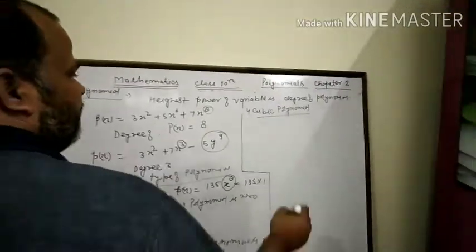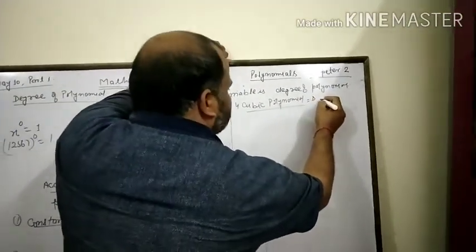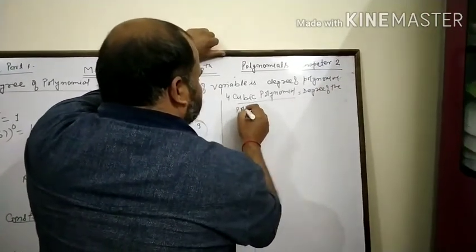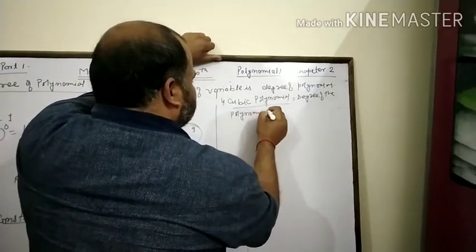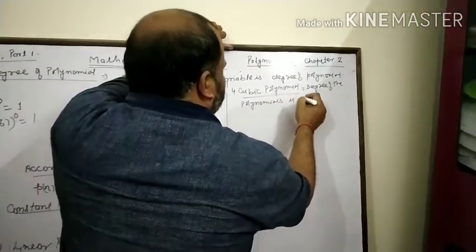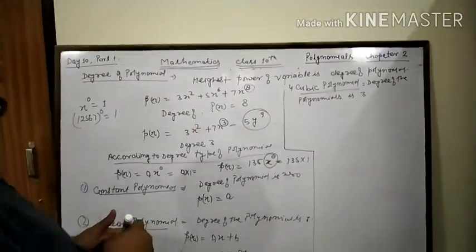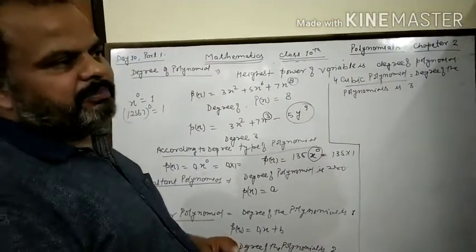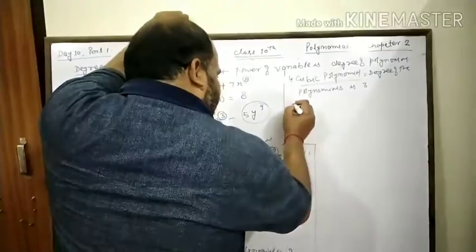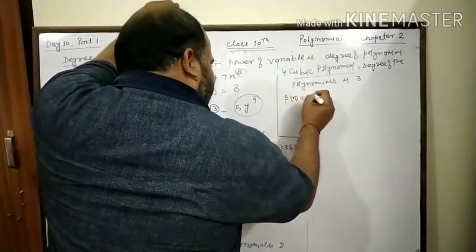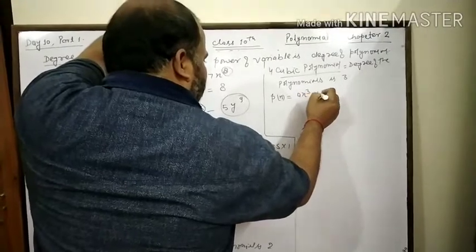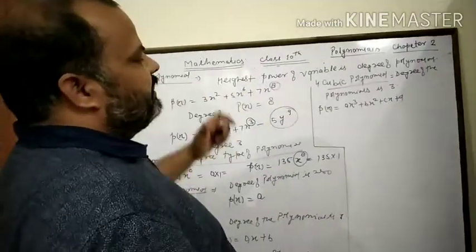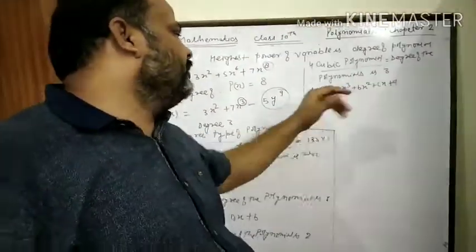If the degree of the polynomial is 3, it means the highest power of the given polynomial is 3. It is called the cubic polynomial or polynomial of degree 3. The standard form of the cubic polynomial is p(x) = ax³ + bx² + cx + d. It is called the standard form of the cubic polynomial.